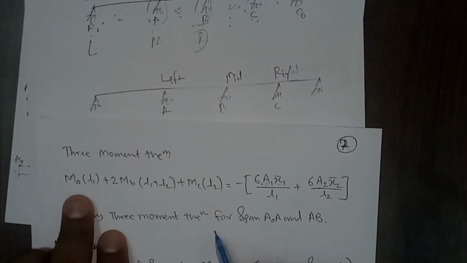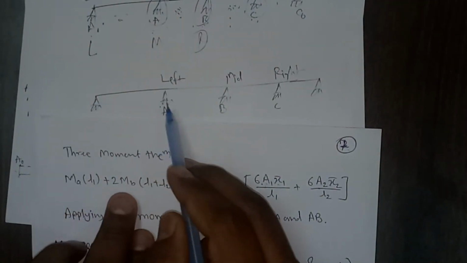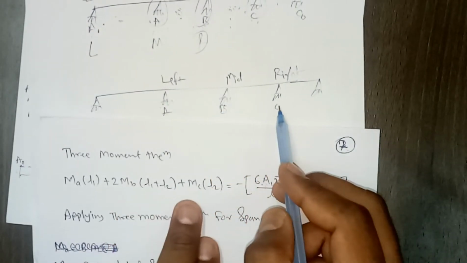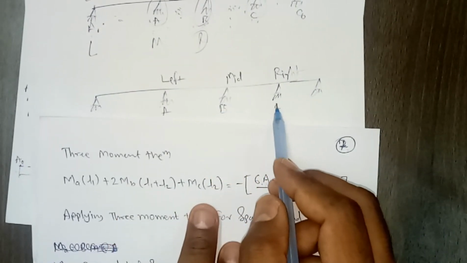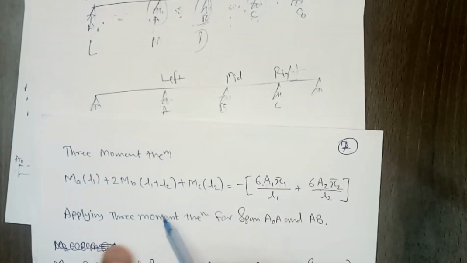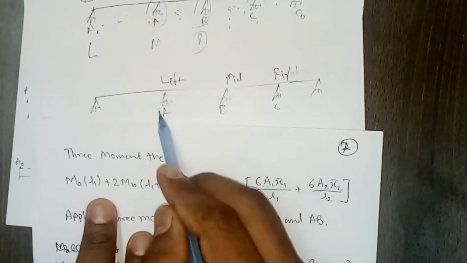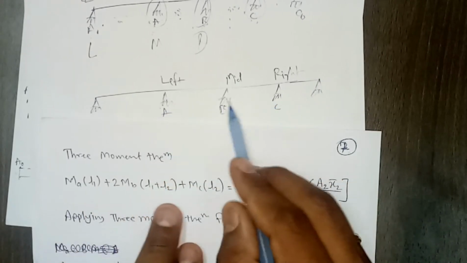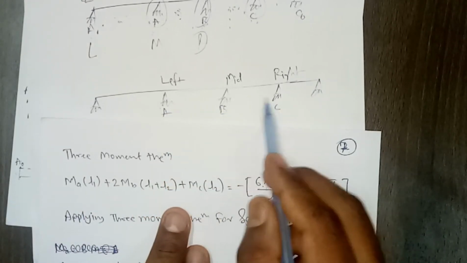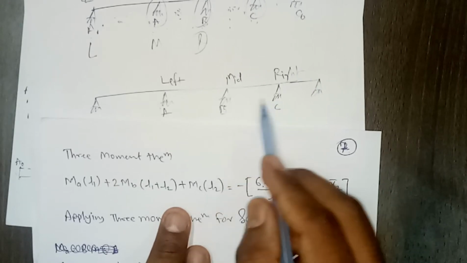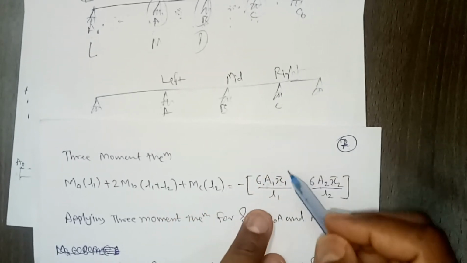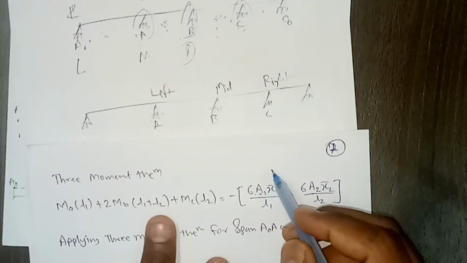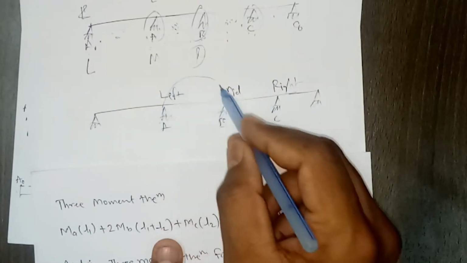So MA is the moment at left support, MB is the moment at mid support, and MC is the moment at right support. Then L1 is the span length of the left span, L2 is the length of the right span, not right support, right? Then A represents the area of the free bending moment diagram.